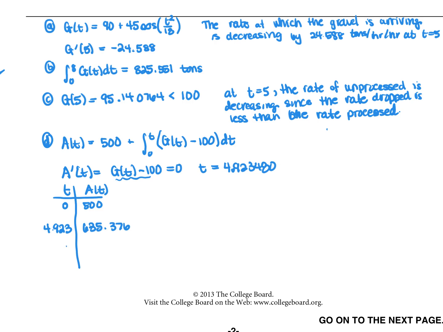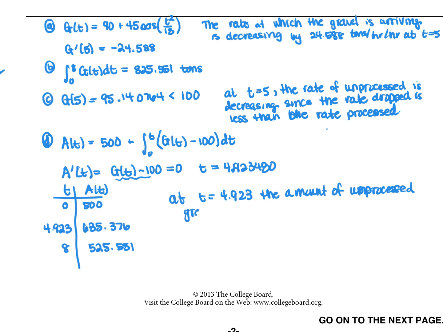And then at time 8, there is 525.551. At time equals 4.923, the amount of unprocessed gravel is at a maximum.